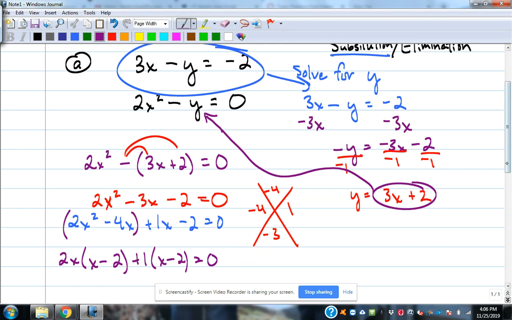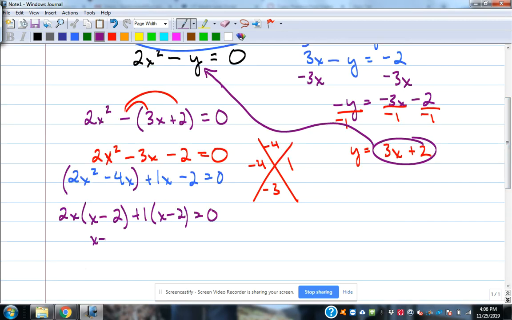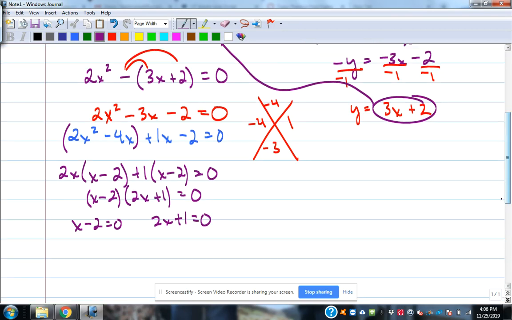So my factors are (x minus 2) and (2x plus 1). And I set each of those factors equal to 0. I get x equals 2, and x equals negative 1/2. Those are my two x values that I get with this problem.